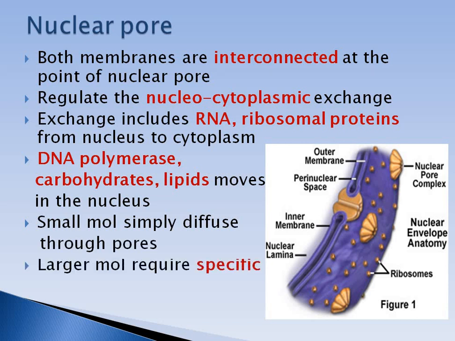But the large molecules require a specific or special signal sequence to move in and out. This sequence is identified by the nuclear pores, or the proteins which make up the nuclear pore complex, and helps in the transport of these large molecules from nucleus to the cytoplasm or from cytoplasm to the nucleus.